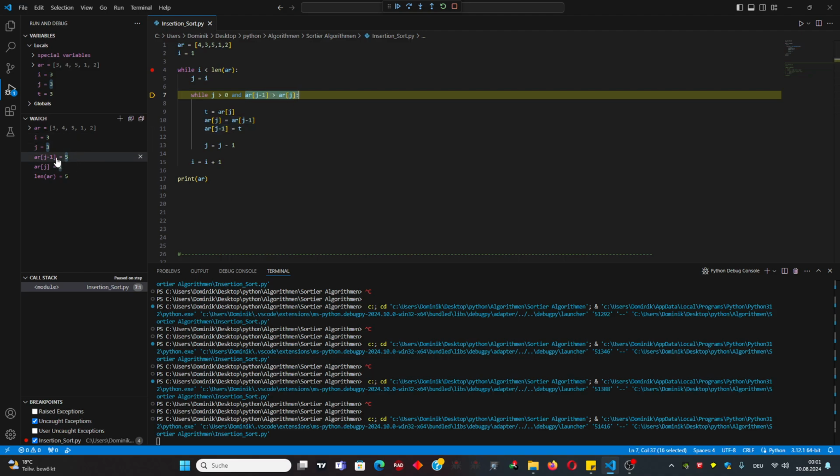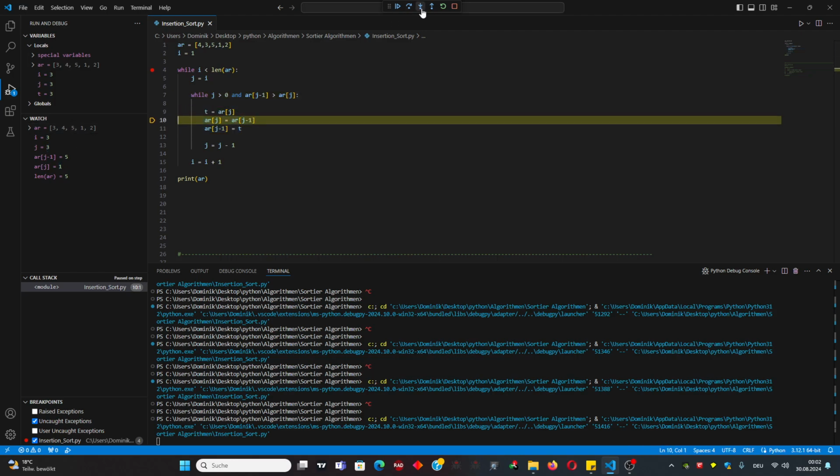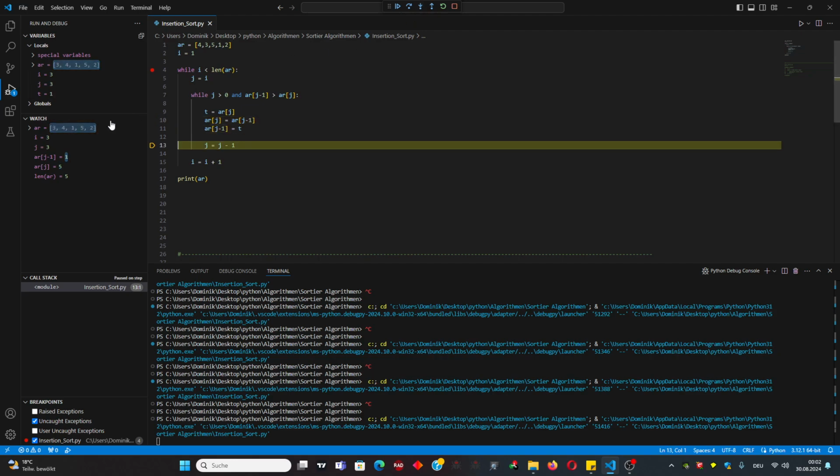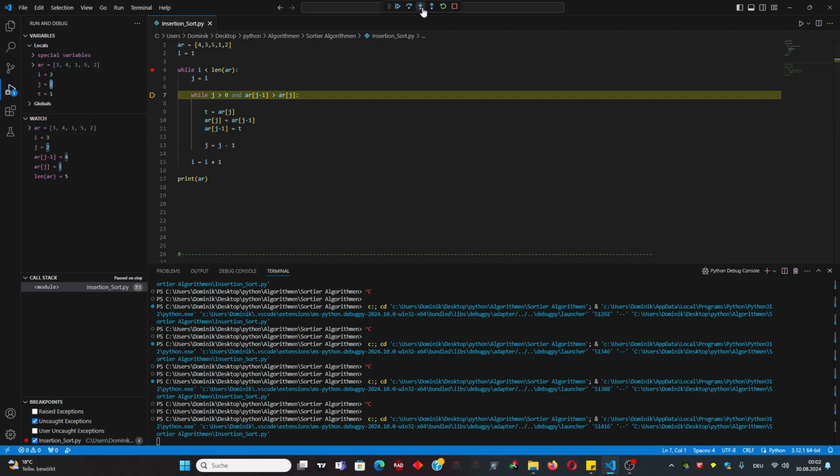Here we can see now AR[J minus 1] is holding a higher value than AR[J], and that means we will jump into this block and swap the numbers. So we will swap the 5 with the 1. Okay, so the numbers are now swapped. J gets decreased by 1. And again, we check if J is holding a higher value than 0, and yes, that's true.